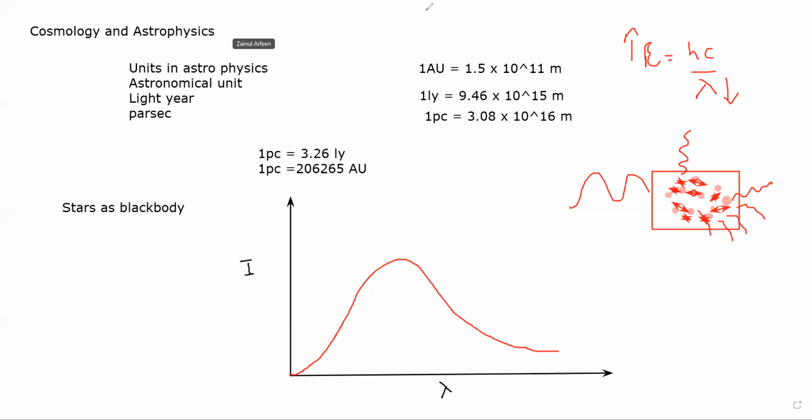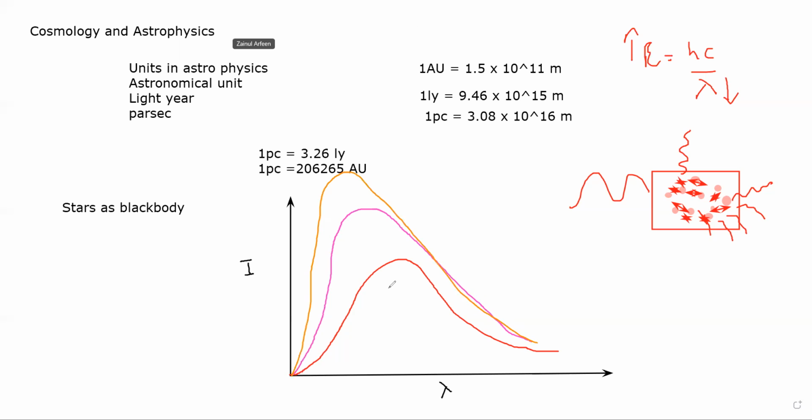So as the object becomes hotter, as its temperature is increased, we observe the peak shifts towards the left-hand side. As it becomes hotter, the peak is shifted towards the left.